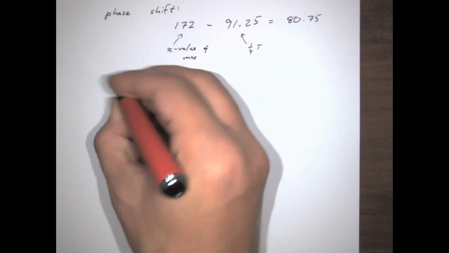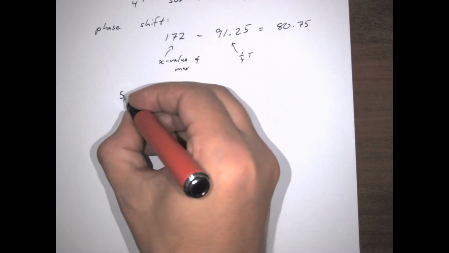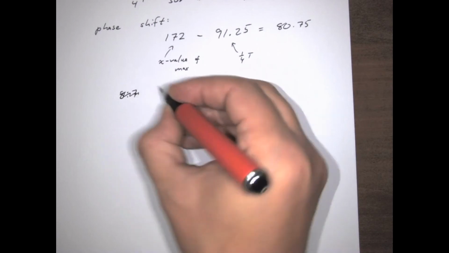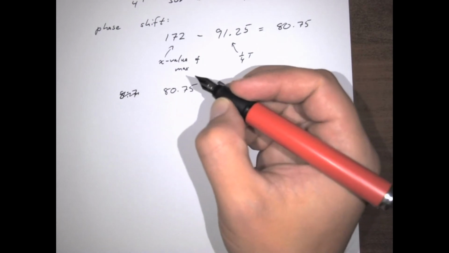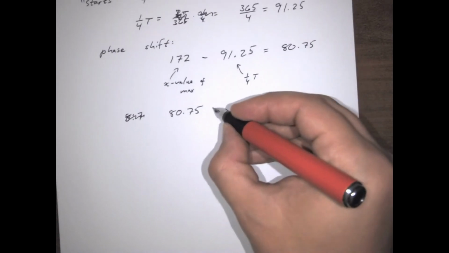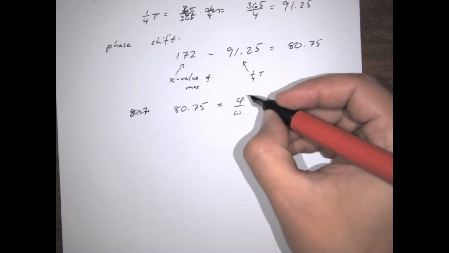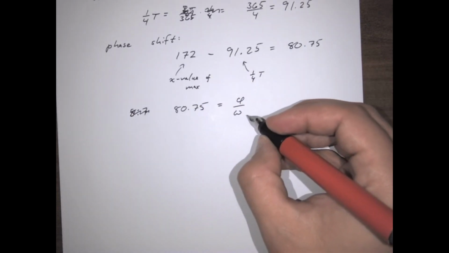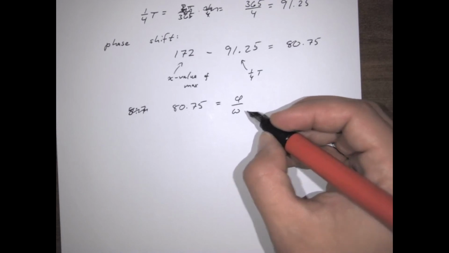Okay, now that then means that 80.75, that's the horizontal shift. So that's equal to phi over omega. Now omega we found was 2 pi over 365.